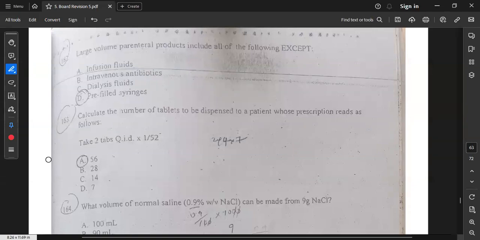Large volume parenteral products include all of the following except infusion fluids, intravenous antibiotics, dialysis fluids, or pre-filled syringes.